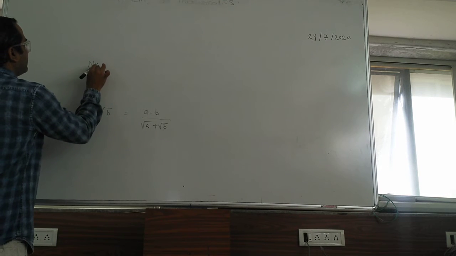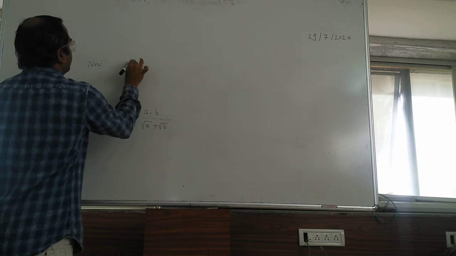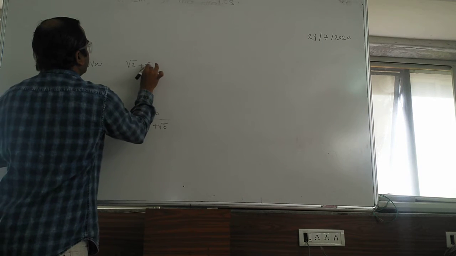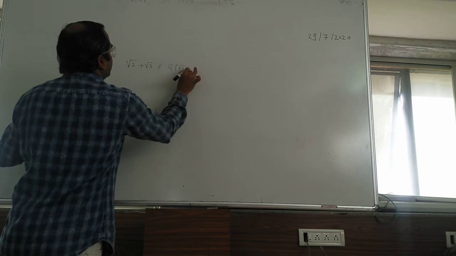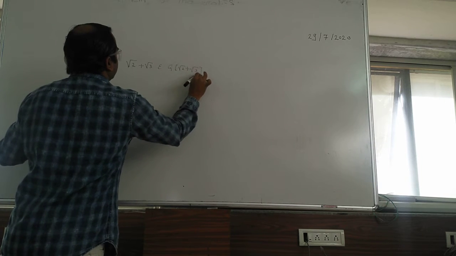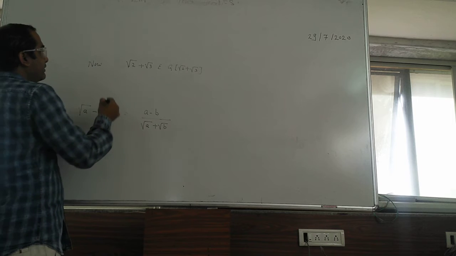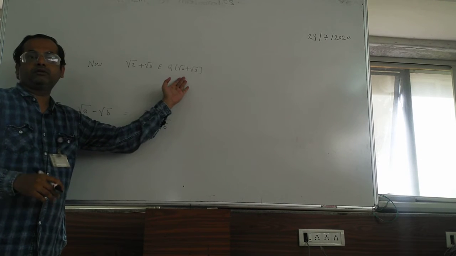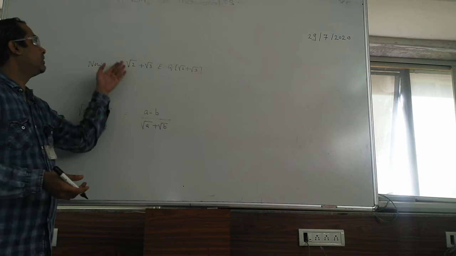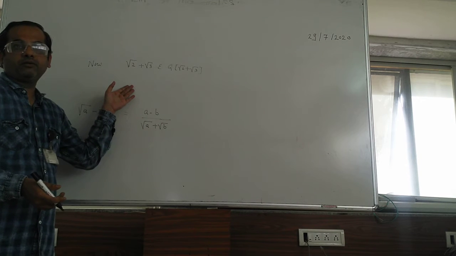Now, root 2 plus root 3 is already in Q of root 2 plus root 3. This element is a non-zero element, so it has an inverse. What is the inverse? 1 upon root 2 plus root 3.